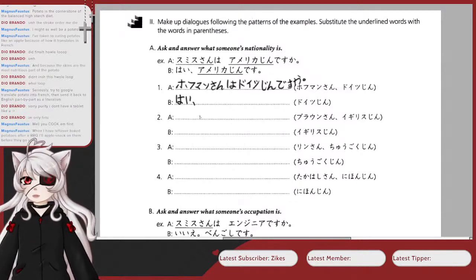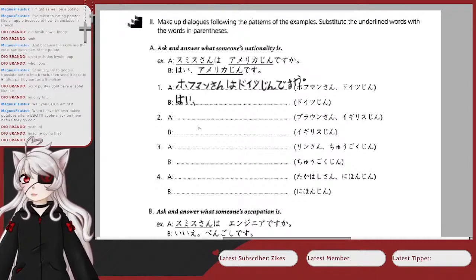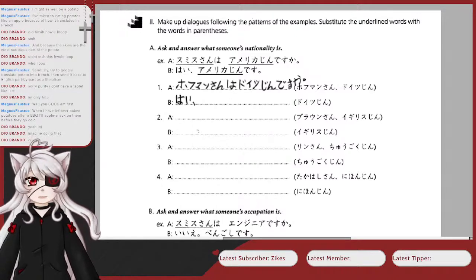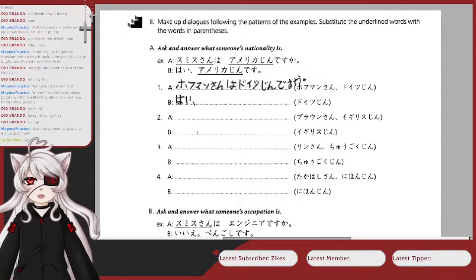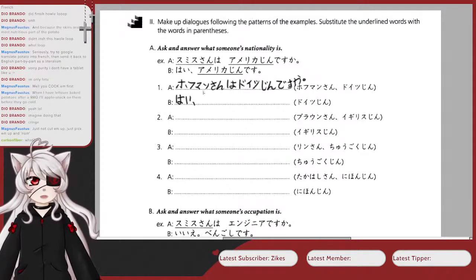I've seen him just taking bites out of potatoes. When I have leftover baked potatoes after a barbecue, I'll snack on them before they go cold. Oh, yeah, that's normal. Imagine doing that. Cringe. I'm not asking questions about people's potato eating habits anymore. I have no questions.